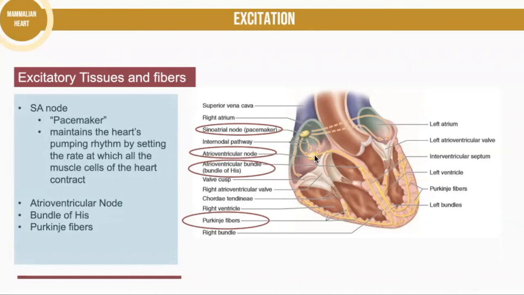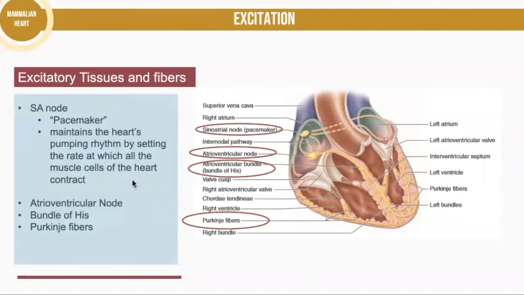The atrioventricular node serves as an electrical relay station between the upper and lower chambers of the heart. That is to say, your AV node electrically connects the atria and the ventricles.